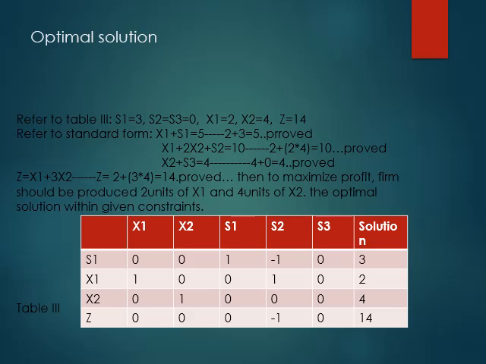Z equal x1 plus 3 x2, Z equal 2 plus 3 times 4 equal 14.